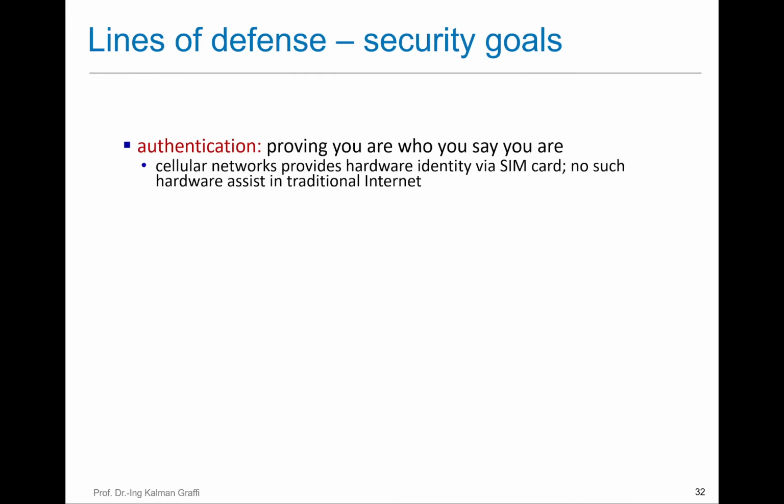And first of all, there's authentication. So if you start to communicate with someone, you need to verify whom you are communicating with. Obviously, this is one of the most essential, or the most essential step in the whole process. So you need to be sure, and it must be verified, whom you are communicating to. For example, in cellular networks, you have a SIM card which verifies who you are.